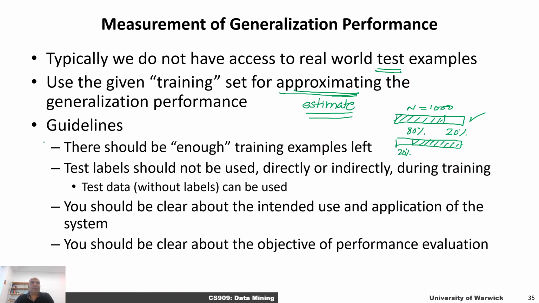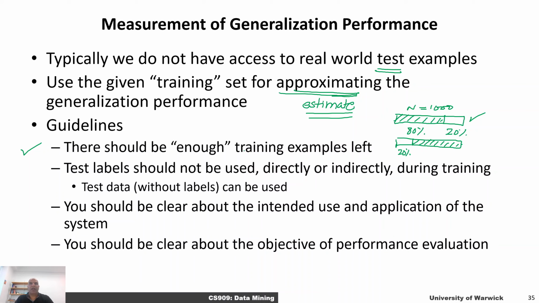There are some simple, common sense guidelines, I call them, when you are designing experiments to estimate generalization performance of a classifier or any other machine learning model. The first is that there should be enough training examples left that you should be able to train. If you don't have enough training data, you will probably not be able to estimate the parameters of your classifier, so it cannot be trained very well.